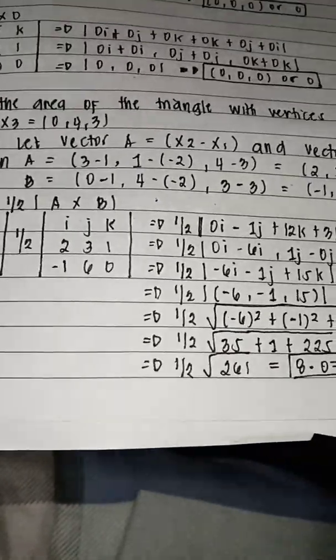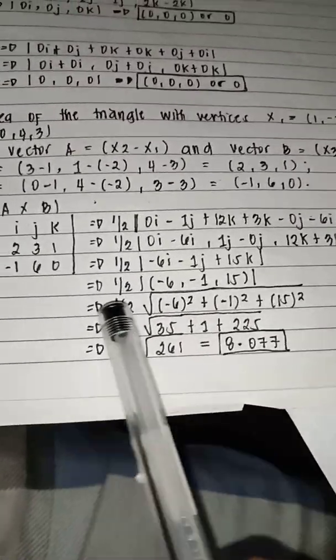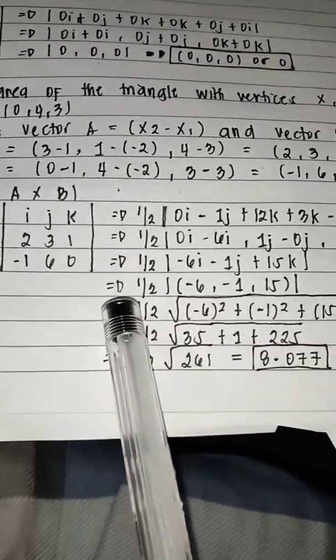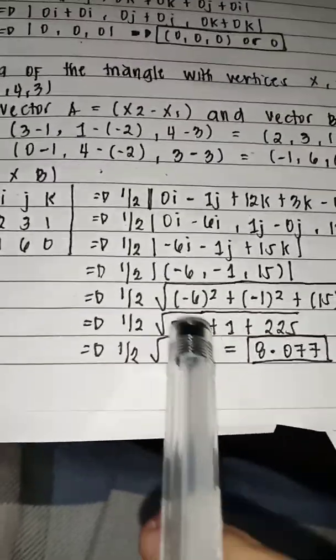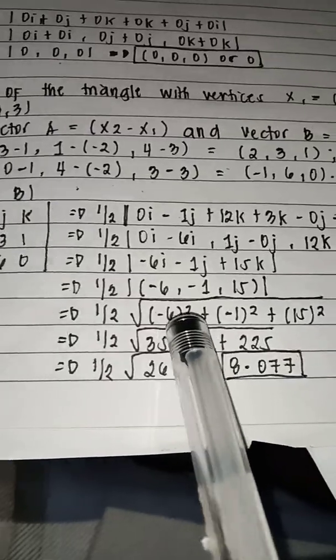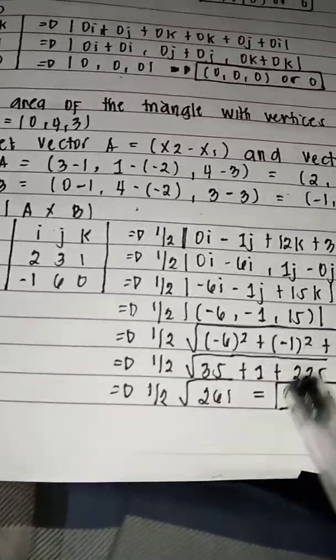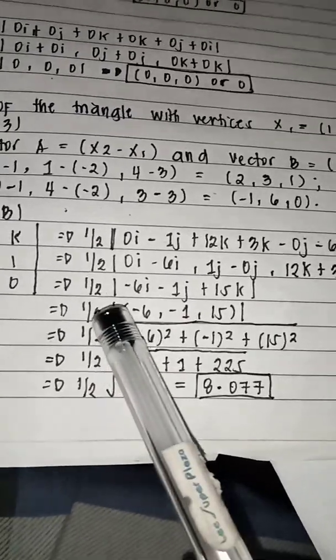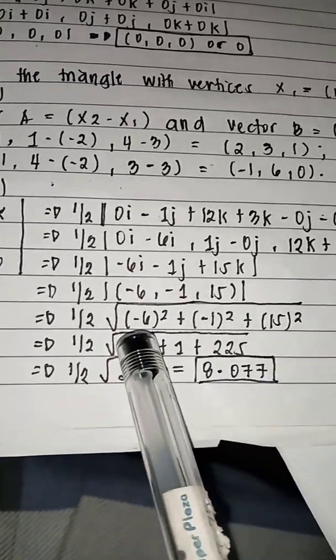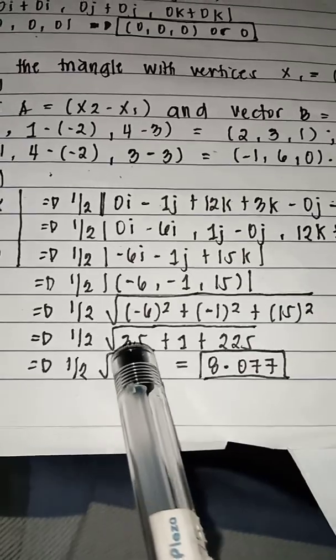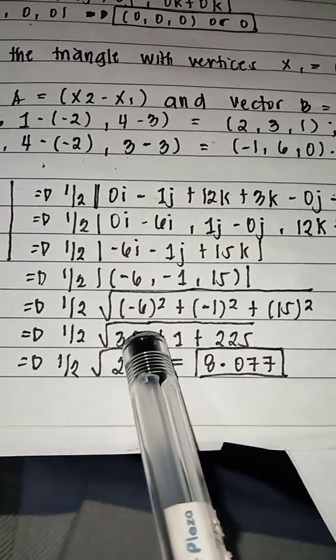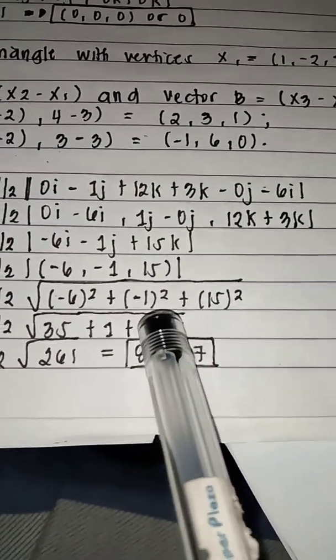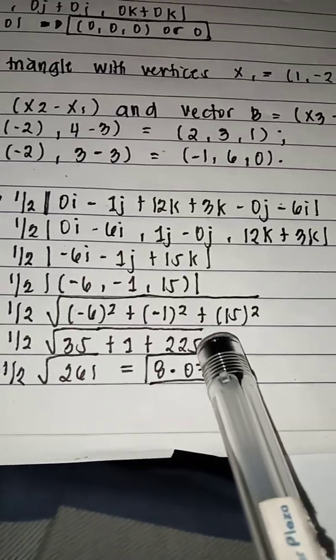So now we will multiply it by 1/2. Since we already have the answer of A cross B, we take the square root of negative 6 to the power of 2 plus negative 1 to the power of 2 plus 15 to the power of 2.